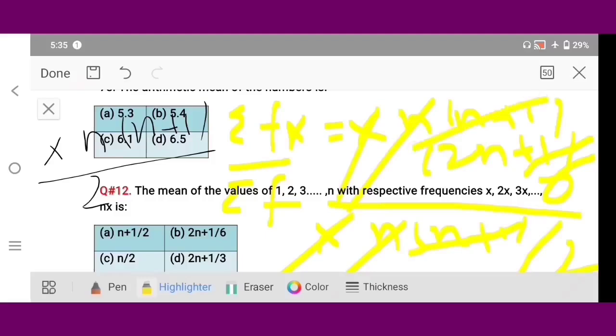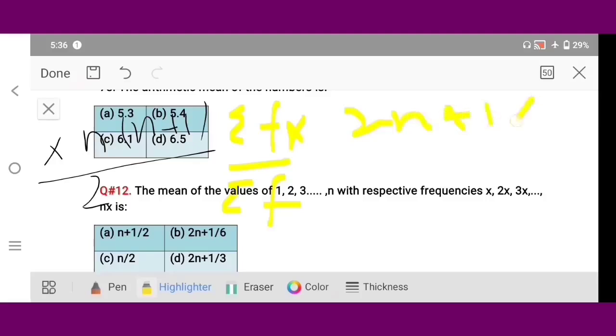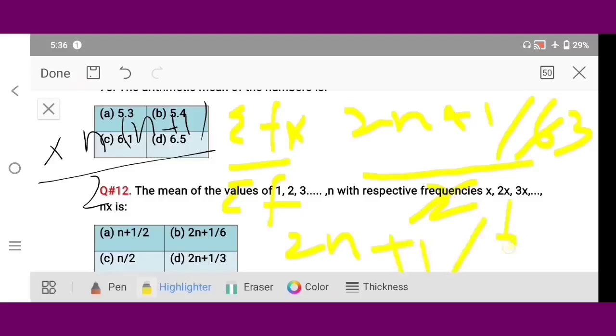We are just left with 2n plus 1 by 6 divided by 2, that is 2n plus 1 by 3. So our correct option is D.